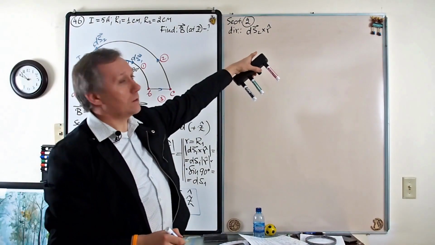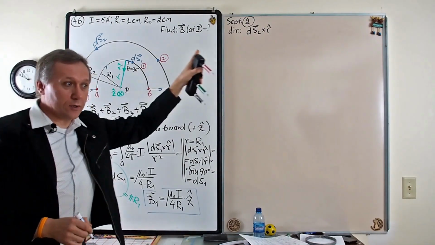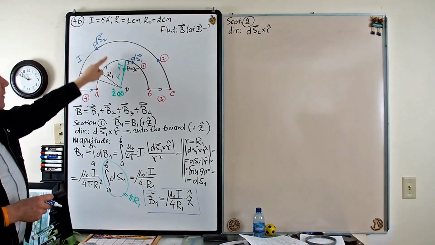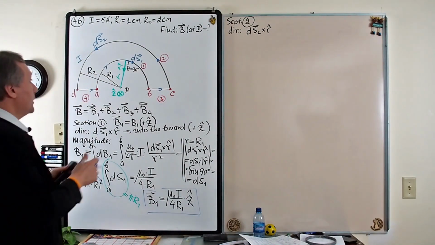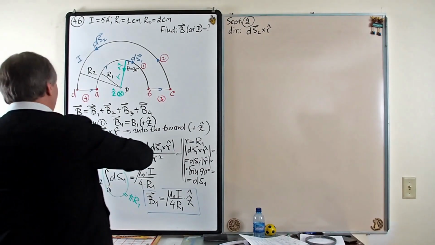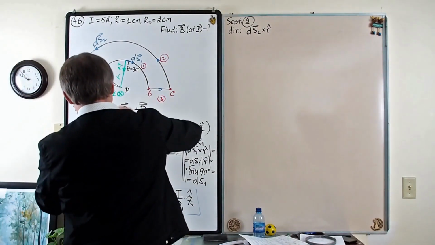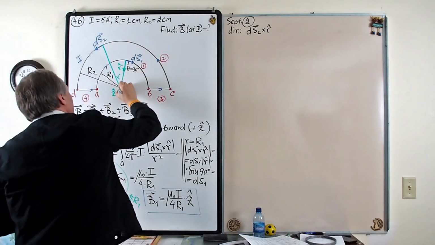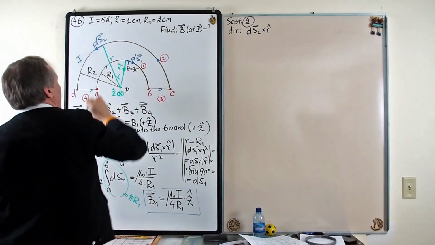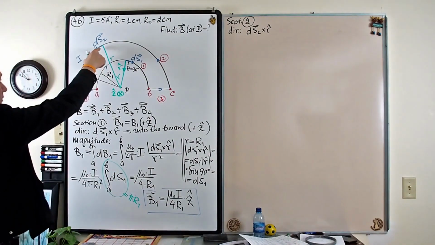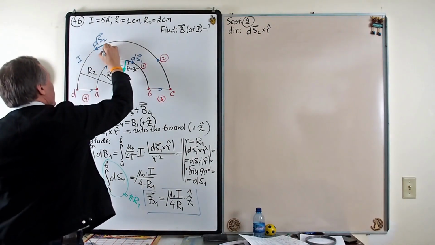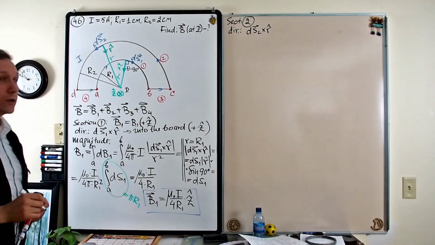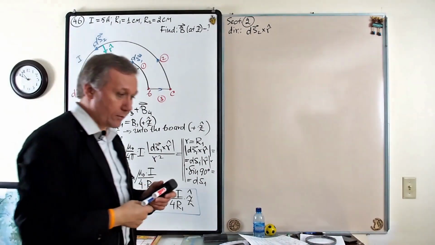And r hat shows a direction from ds to the point where you want to find the magnetic field, to point P. And r itself, let me use a different color, I can use green also. So this will be r, the distance from ds to the point in question, and this will be r hat, the unit vector showing direction to the point P.